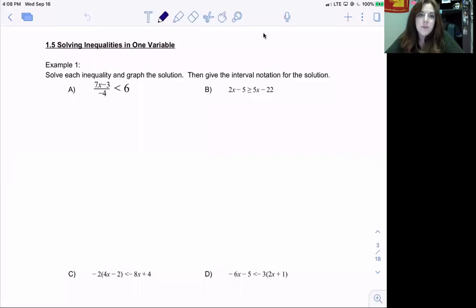Okay, so today we're going to talk about 1.5, solving inequalities in one variable.